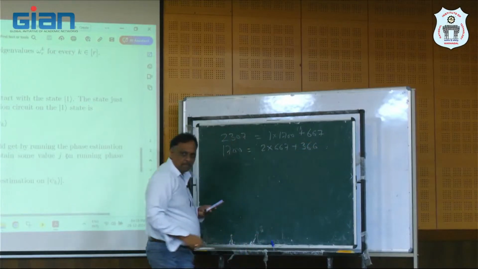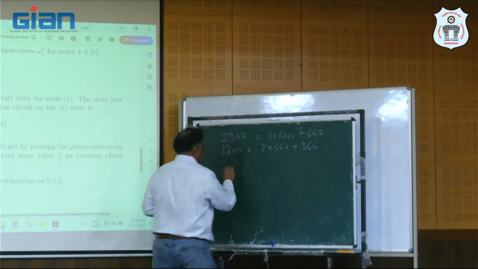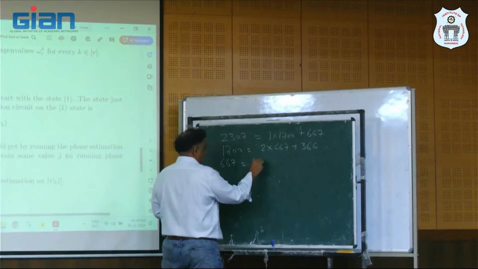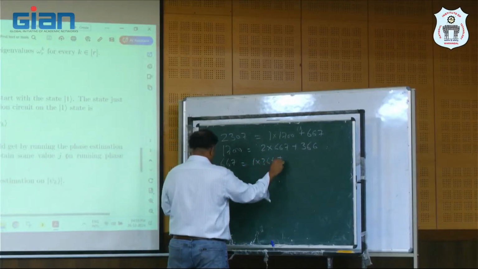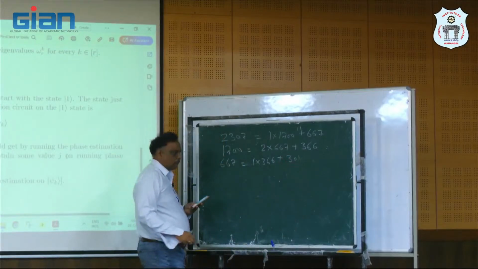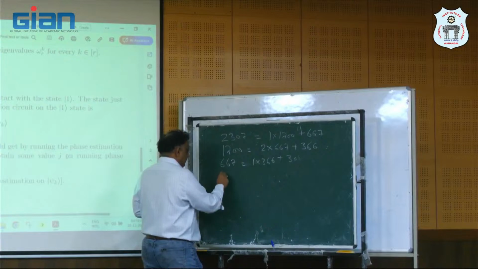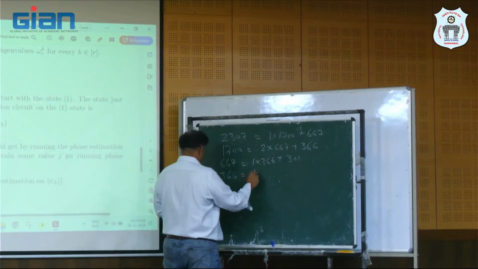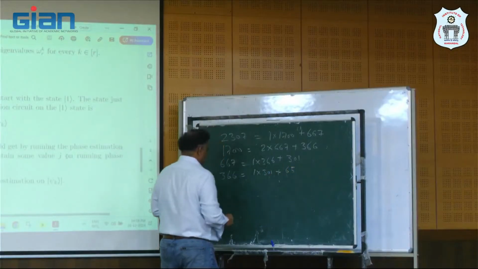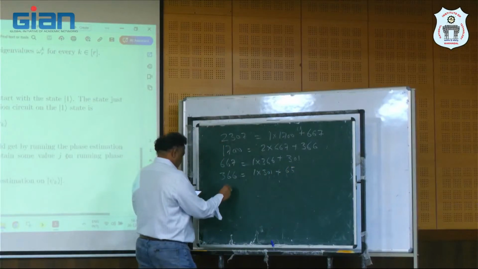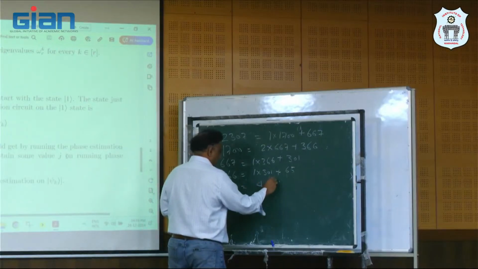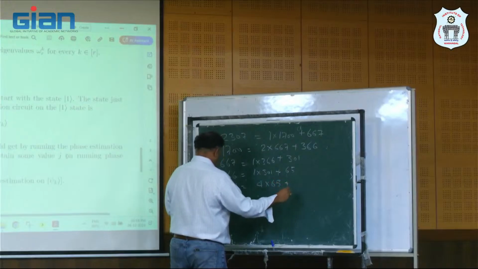Then 667 is 1 into 366 plus 301. Then 366 equals 301 plus 65. Then 301 equals 4 into 65 plus 41.